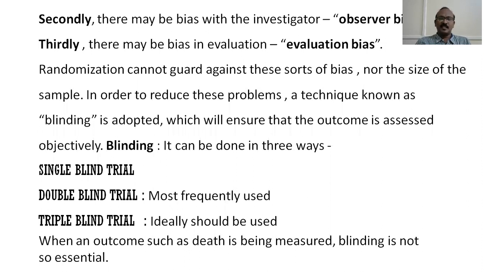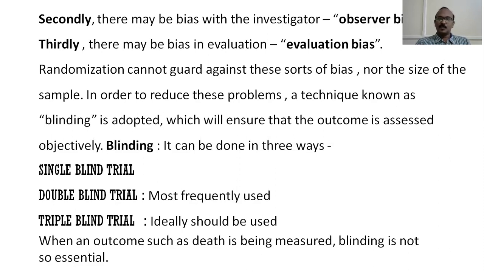Thirdly, there may be bias in evaluation, that is evaluation bias, where the evaluator feels that the people who are given the drug get recovered or cured compared to the people who are not given the drug or not given any intervention. Randomization cannot guard against this sort of bias, nor the size of the sample.